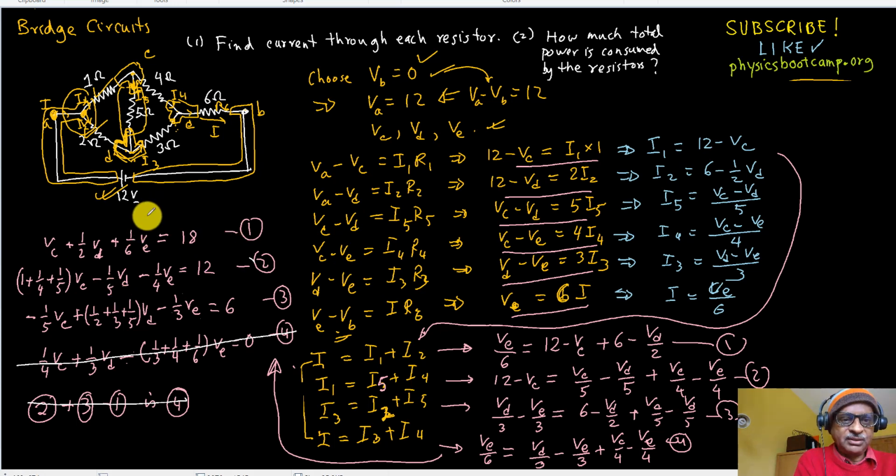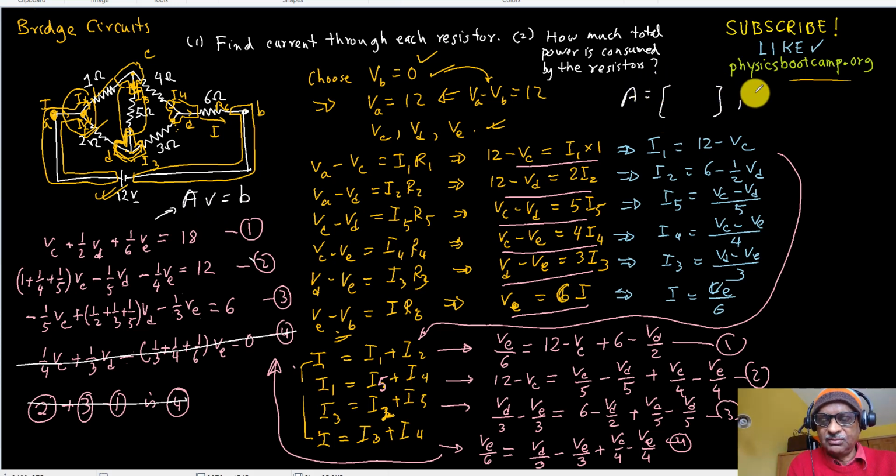Suppose I want to do the matrix method. Then you'll have some A and some vector V equals some vector B. Let me write that down. A will be all the coefficients, and V will be just VC, VD, VE, these 3 unknowns, and B will be the constants on the other side, so 18 and 12 and 6.